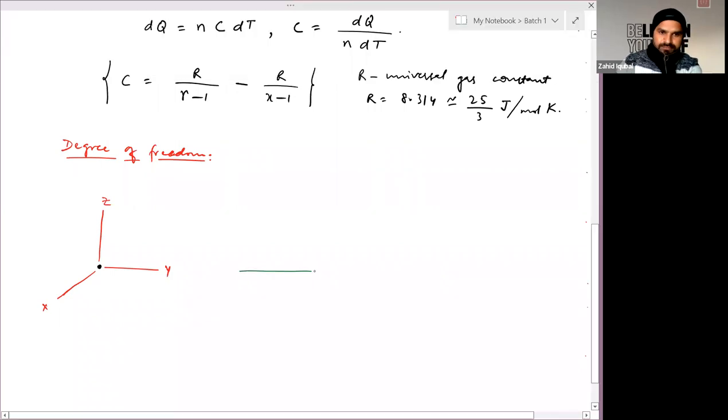Similarly, suppose you have a diatomic particle.